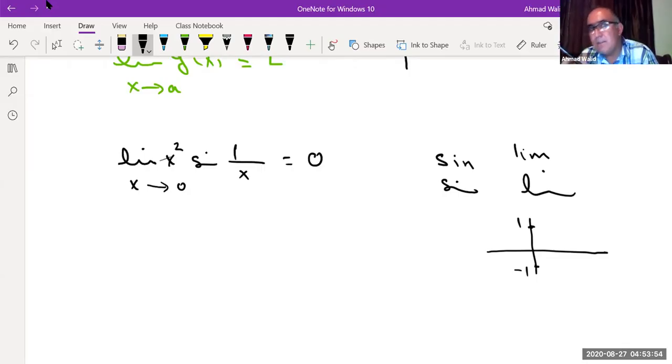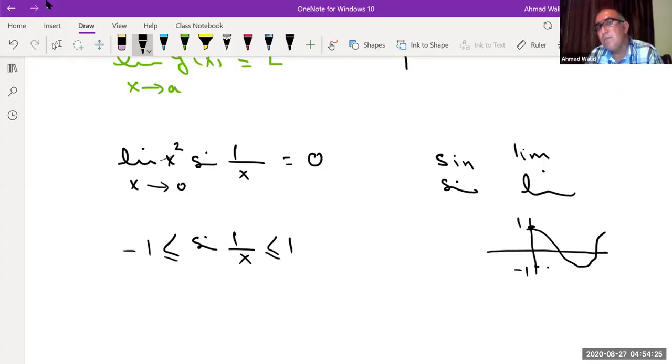Because of the graph. We know that the sine of 1 over x has values less than or equal to 1 and greater than or equal to negative 1. Correct? Agree? Because of this graph? It goes up and down between negative 1 and 1.